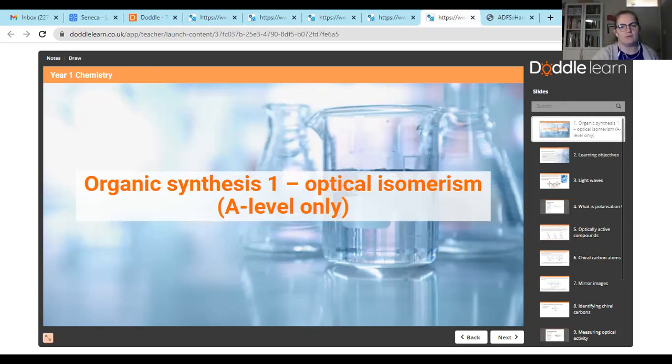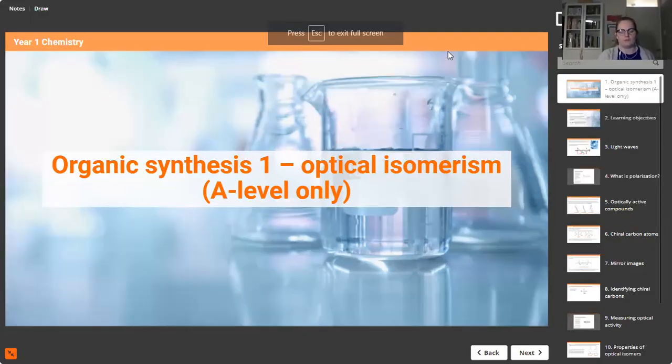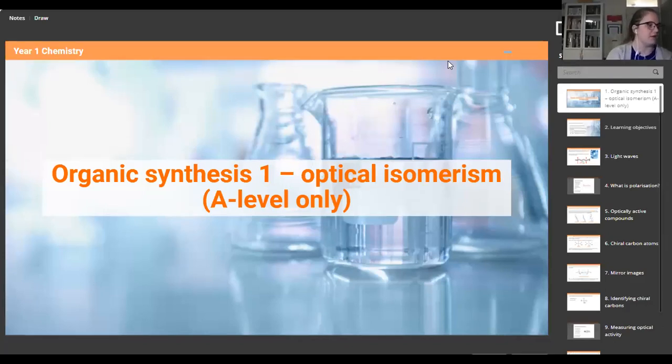Optical isomerism is when we have non-superimposable mirror images of a molecule. It's basically like our left and right hands. They're mirror images of each other, but we cannot superimpose them onto each other. No matter what we do with them, they're not superimposable, because they're actually not the same on both sides.